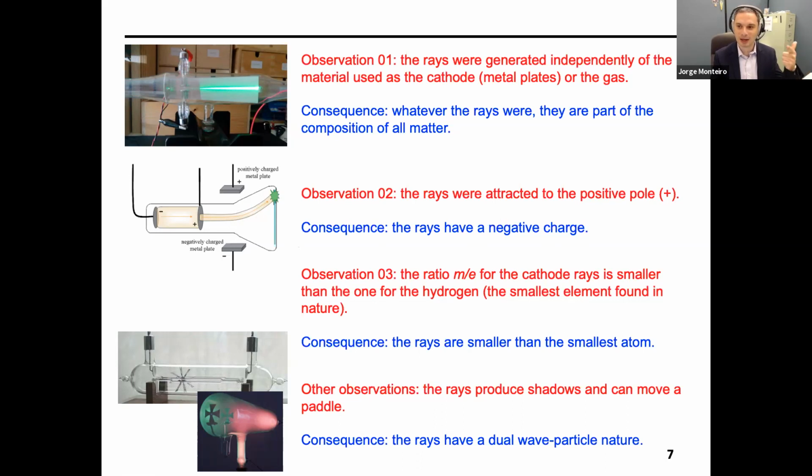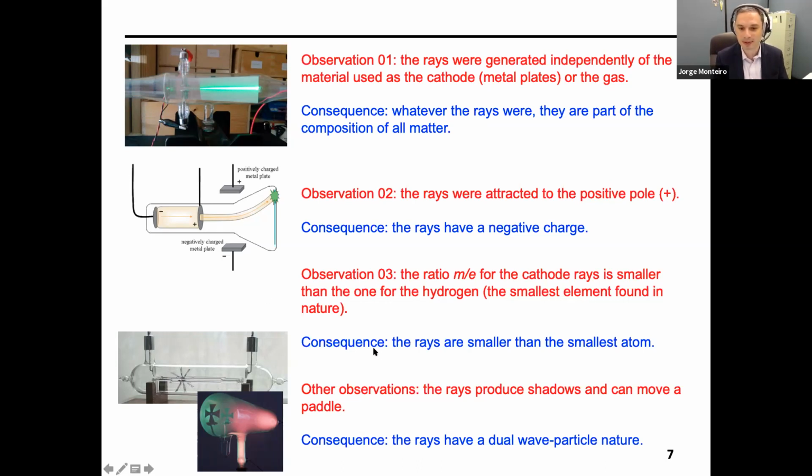It has negative charge. Let's see here with what observation number three tells us. The ratio mass over charge for the cathode rays is smaller than the one for the hydrogen, which is the smallest element found in nature.